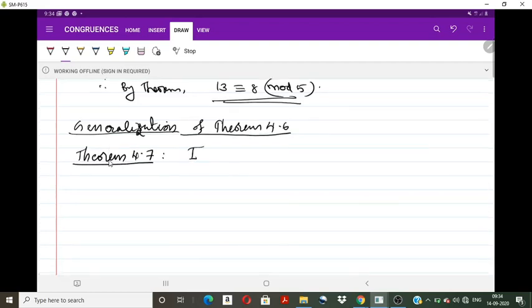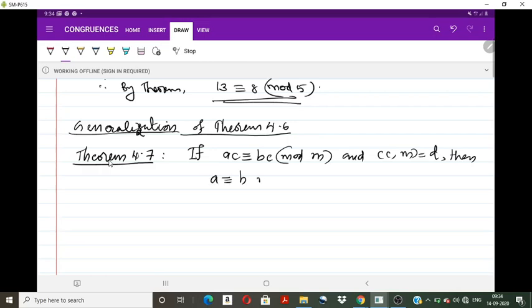It states that if AC is congruent to BC modulo M and GCD of C comma M equals D, then A is congruent to B modulo M by D. So this is the generalized result.